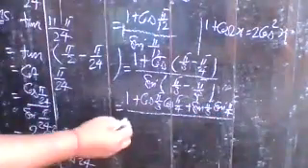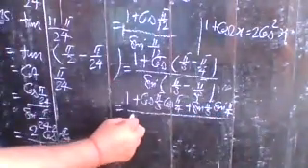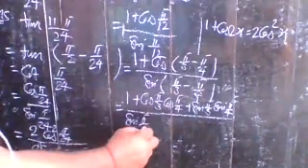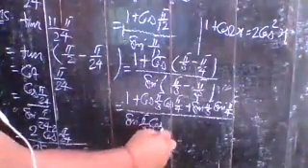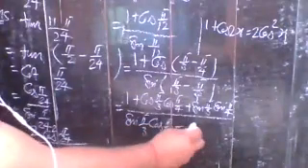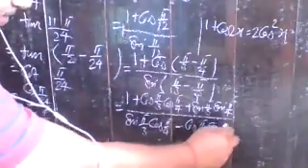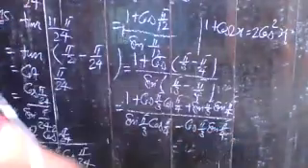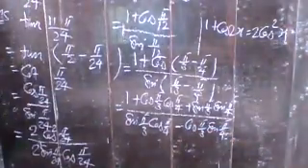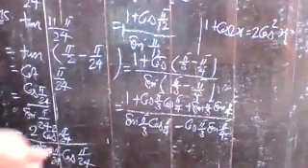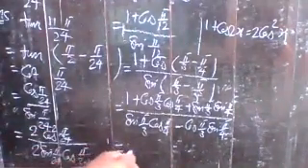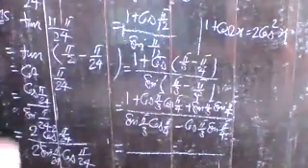In the same way, in the denominator you write sin a cos b minus cos a sin b, so sin pi by 3 cos pi by 4 minus cos pi by 3 sin pi by 4. Now put in the values and rationalize.